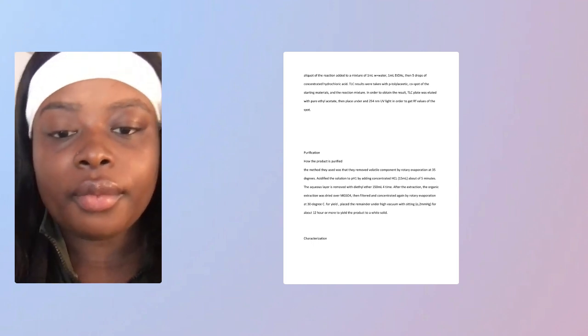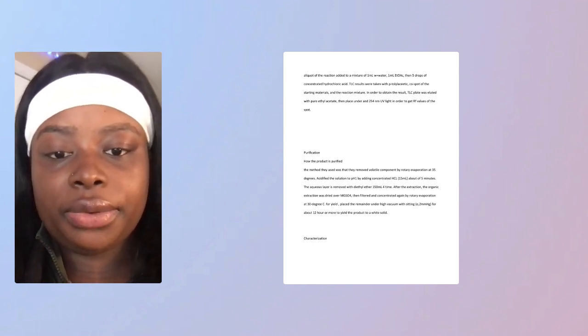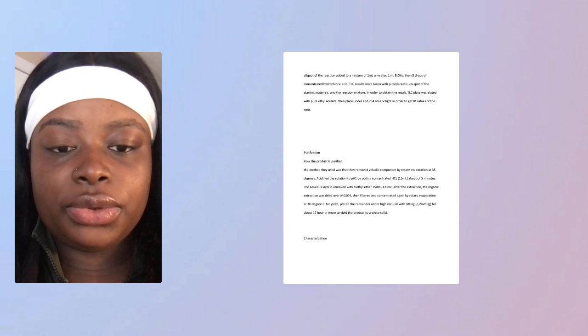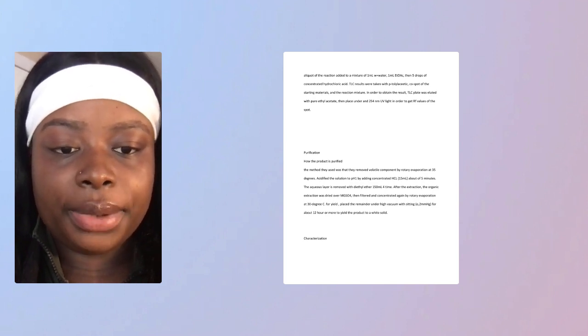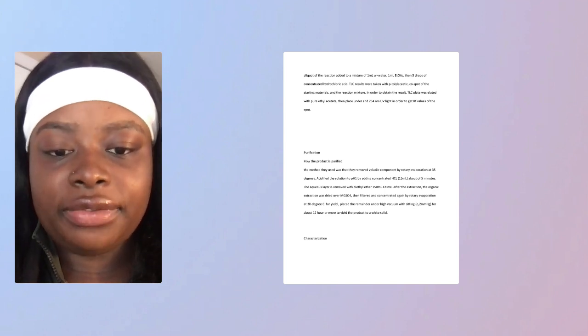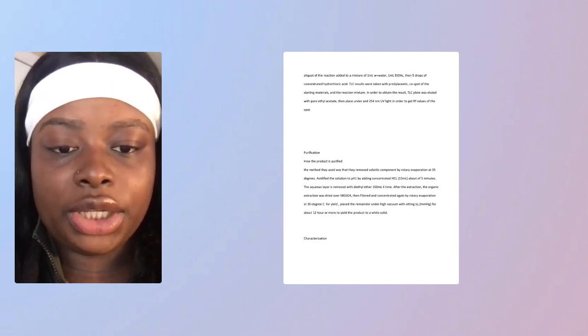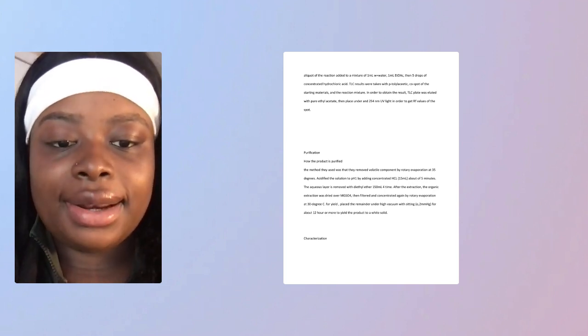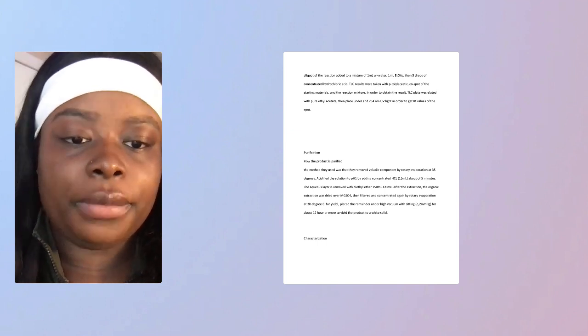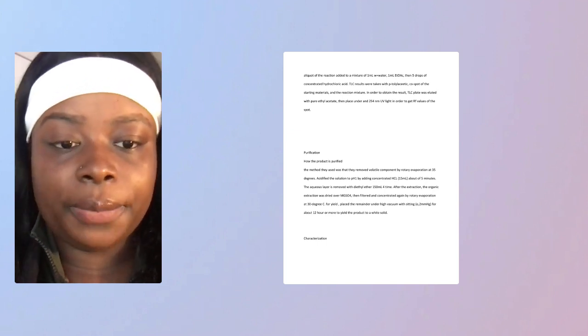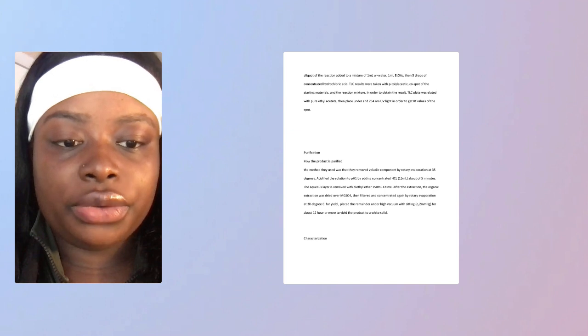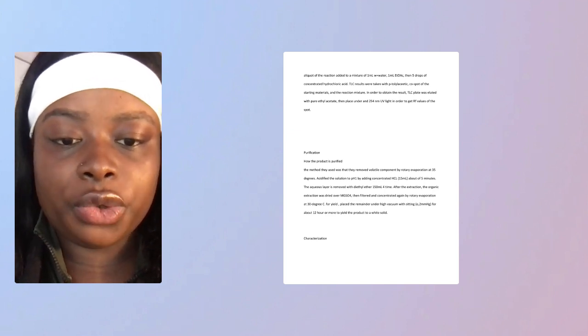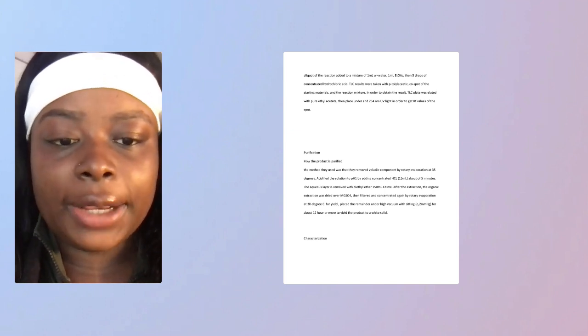Purification. The product is purified. The method they use is to remove volatile components by rotary evaporation at 35 degrees, then acidify the solution to pH 1 by adding 50 milliliters of concentrated HCl. After about 5 minutes, the aqueous layer is extracted with 150 milliliters of diethyl ether, 4 times.